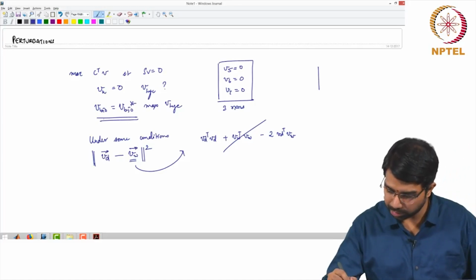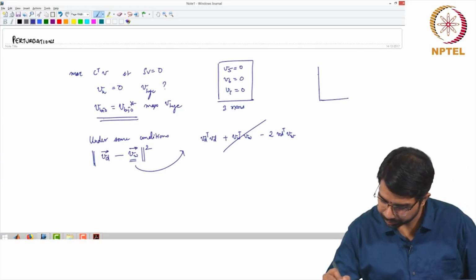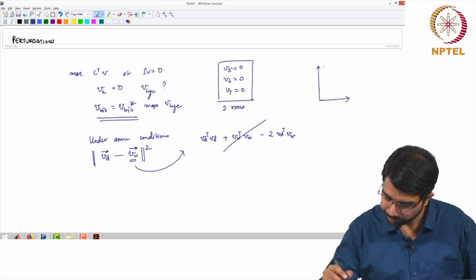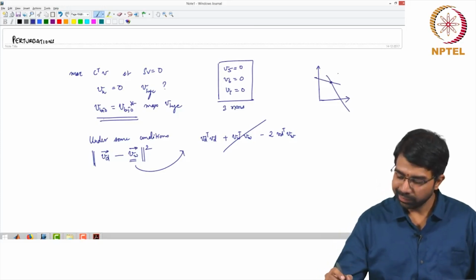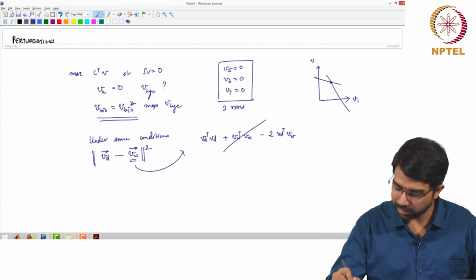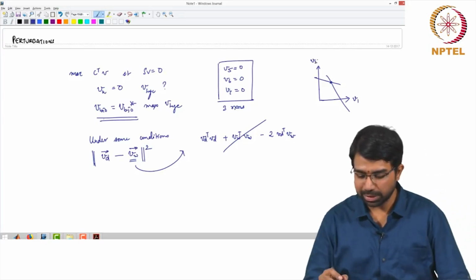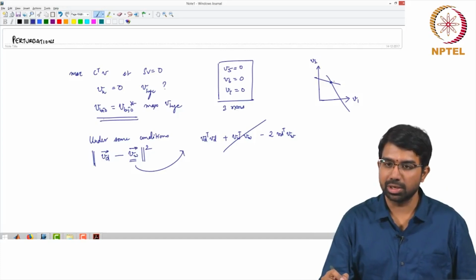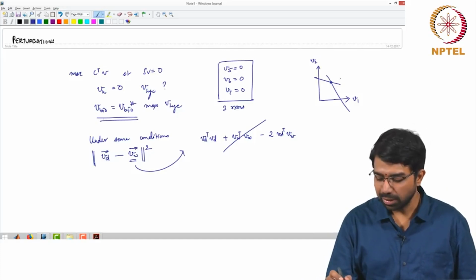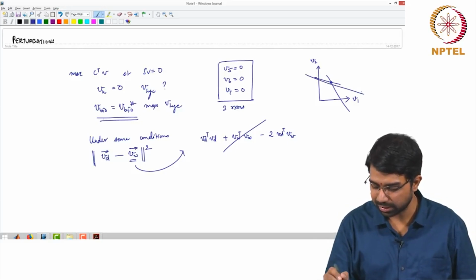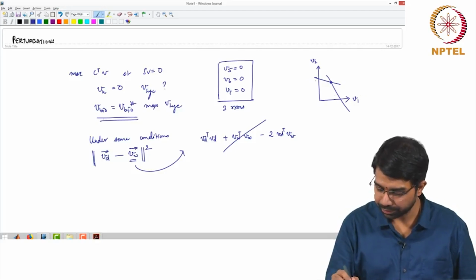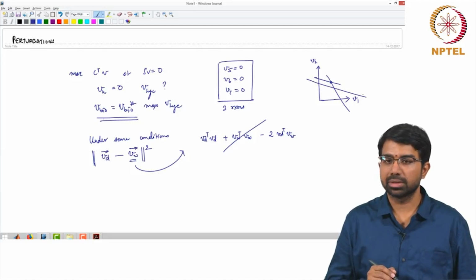So, if you want to look at it pictorially, of course, we can look at only 2 dimensions. Let us say this was the initial optimum and now you have an additional constraint which might be making one of these 0, but let us say the constraint changes like this.